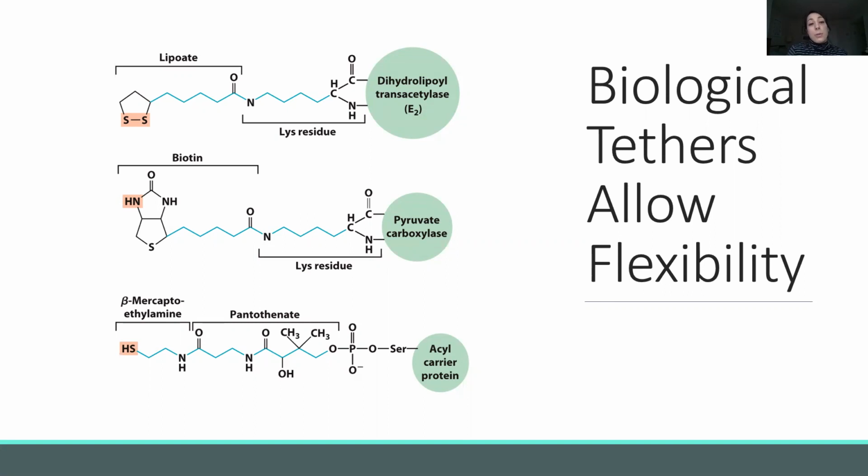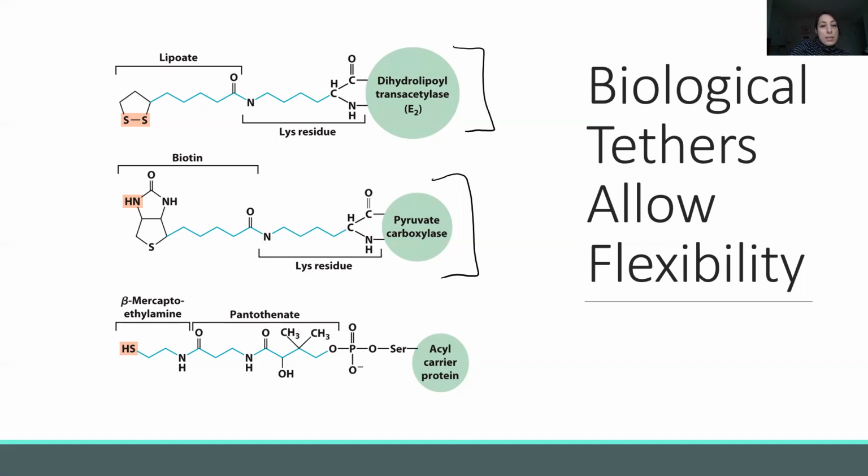So here are some biological tethers that we have talked about or you might see in the future. Lipolysine, which of course we just mentioned from our E2 complex of the pyruvate dehydrogenase complex. Also, we mentioned in the past during glycolysis this tether using biotin. So remember pyruvate carboxylase, which is one of the enzymes during, again, glycolysis, uses biotin and the lysine residue tethered together to make this long, flexible tether to help complete its action.